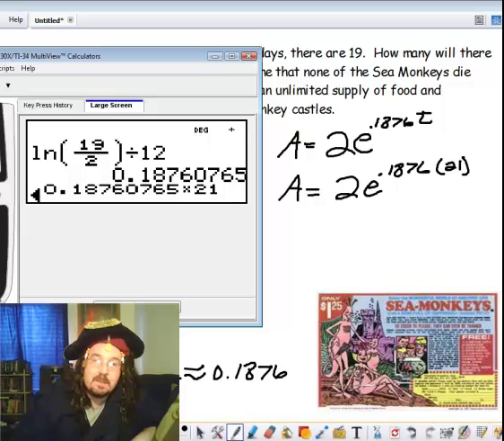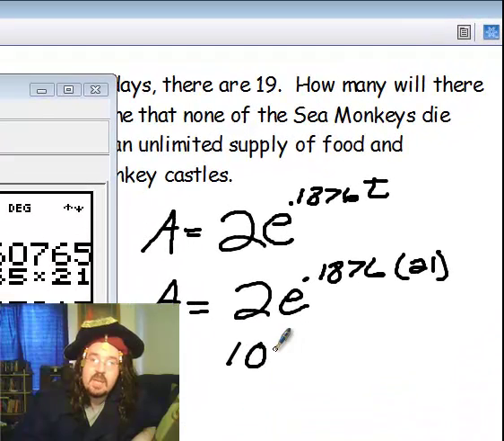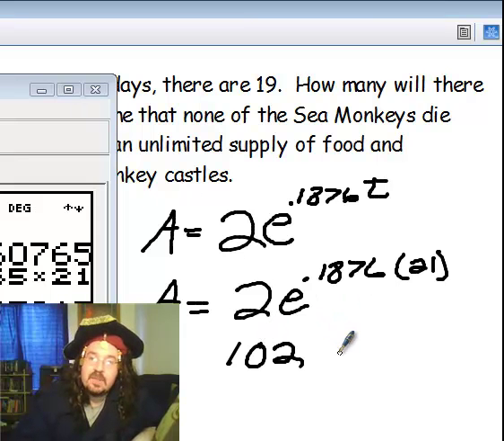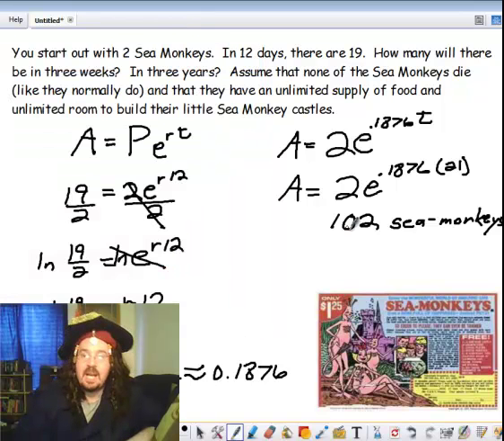It's all still up there in the exponent. It's rather lovely. And I hit enter, and I guess I will have 102, not quite 103, so I'll round down to 102 lovely little sea creatures. So 102 sea monkeys. Much more than Captain Jack ever had, because they all died.